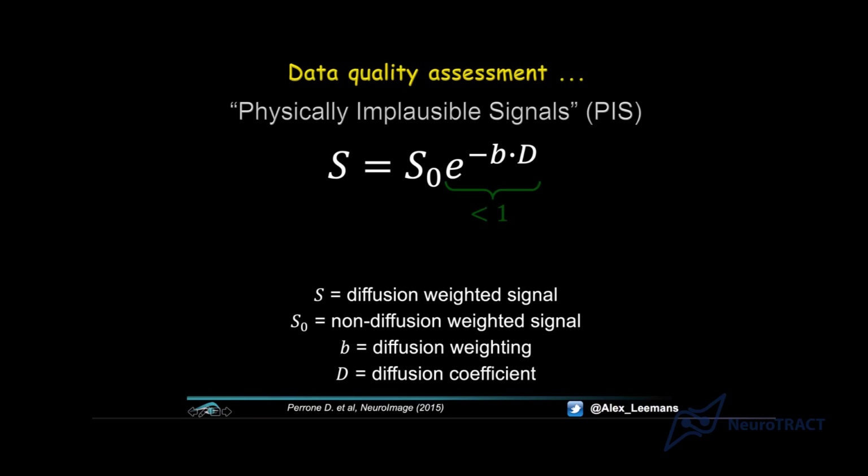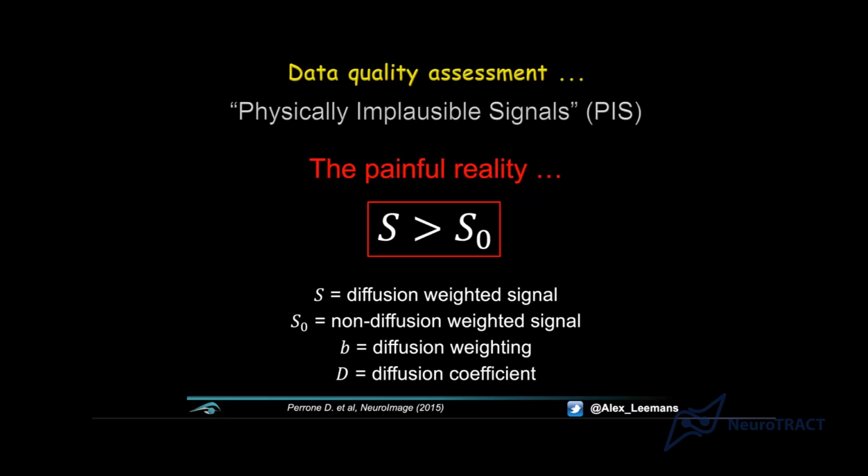We know that our diffusion weighted signal should always be smaller than our non-diffusion weighted signal. That's how diffusion works. However, we do find regions or voxels where the diffusion weighted signal is actually larger than the non-diffusion weighted signal. And that is just physically impossible or implausible.